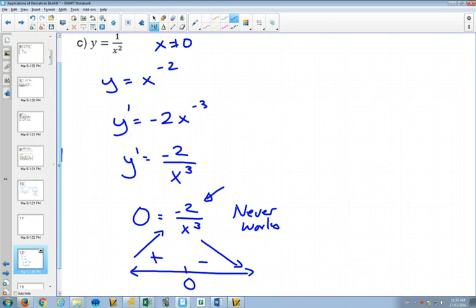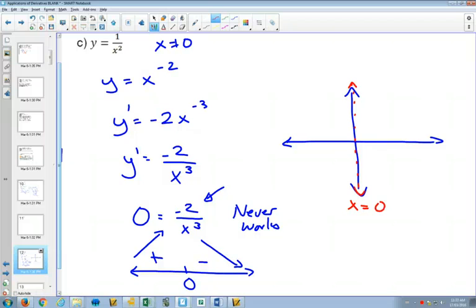Something that we do have to still use when graphing all of our things using calculus, we still have to use our knowledge about asymptotes. So in this graph, because we have a non-permissible value at x equals 0, what does that mean? There's going to be a vertical asymptote right here at x equals 0.